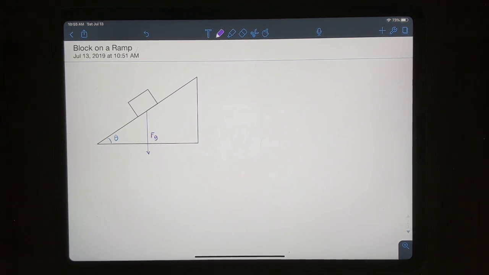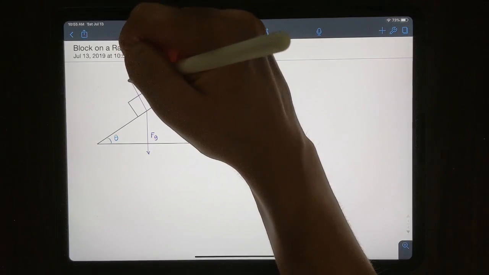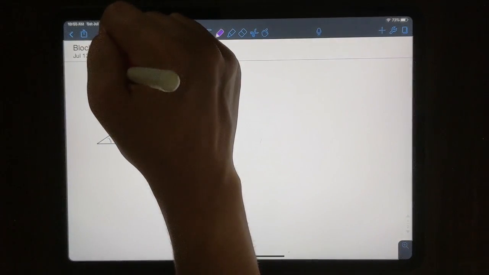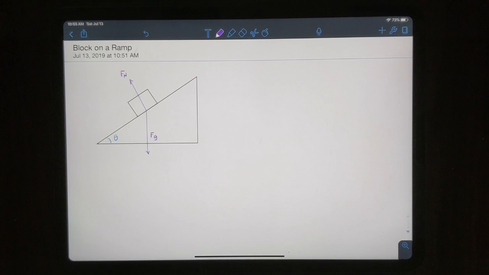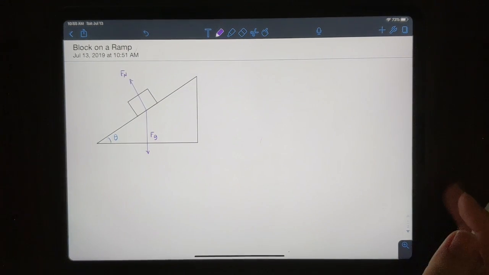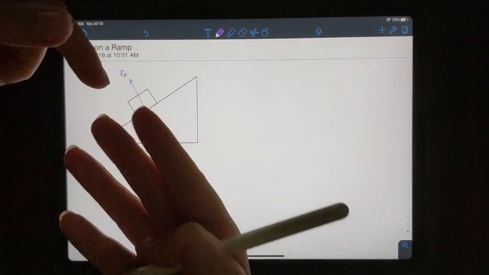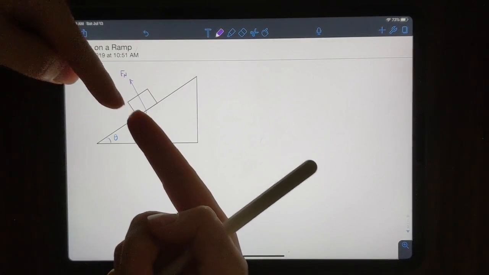But the block is obviously not just falling through the ramp, so we need to add another force. That force is going to be the contact force between the block and the ramp. It's tempting to say it's acting vertically upward to oppose gravity, but normal forces don't work that way. Normal forces act in the direction perpendicular to the way the two objects are touching.